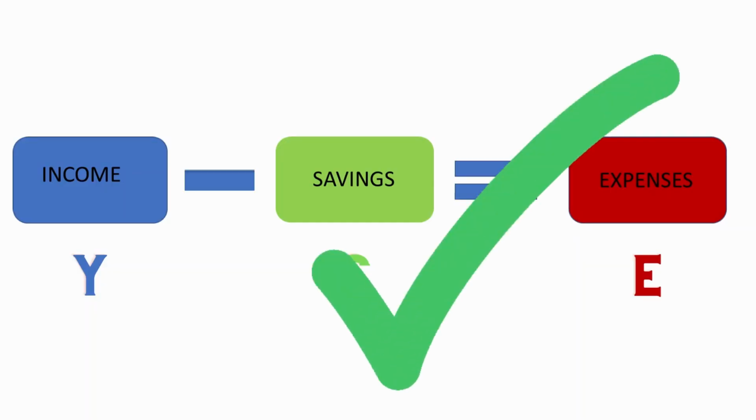It brings you to a position where you can save more. Why? Because your income is fixed. The moment you make your savings fixed, it will automatically push your expenses to be fixed. And that's the formula that you should be following.